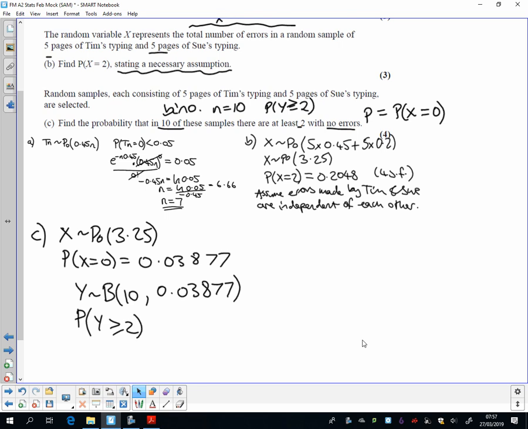In your graphical calculator, you can do that directly, or with the ClassWiz, you might need to write that as a summation. You can then work out that that's 0.0550. If you need to write that as a summation, you've got the formula in your formula book for the binomial distribution, and then you can just work out the sum from 2 to 10.